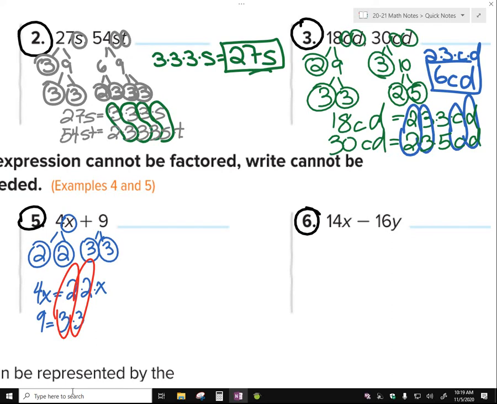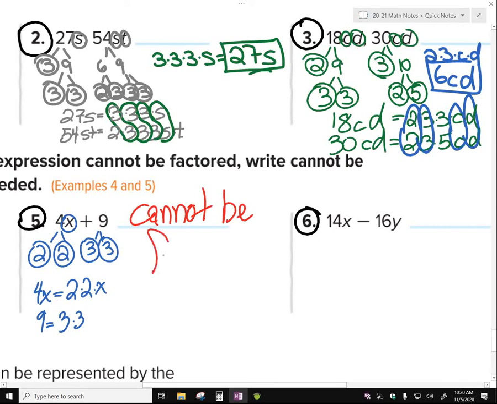Wait a sec. What did I do wrong here? No, that's not common. They don't have anything in common. Cannot be factored, because they don't have anything in common.